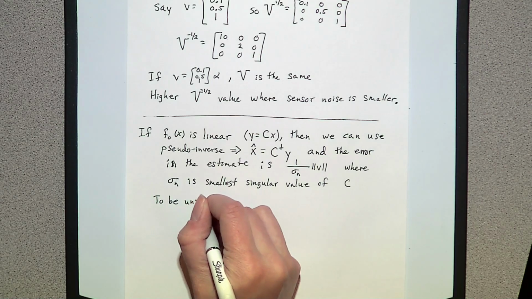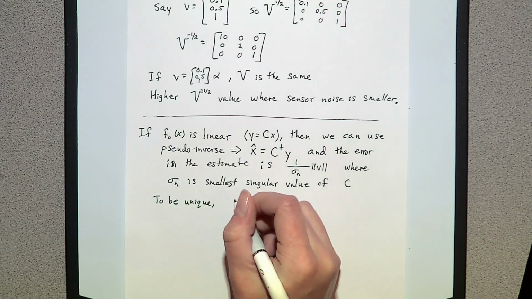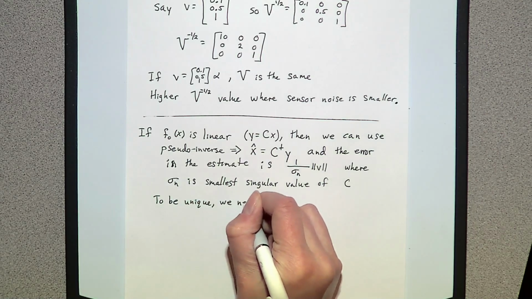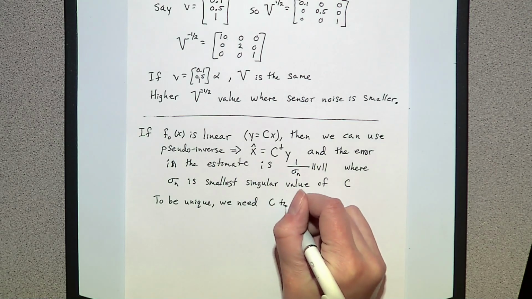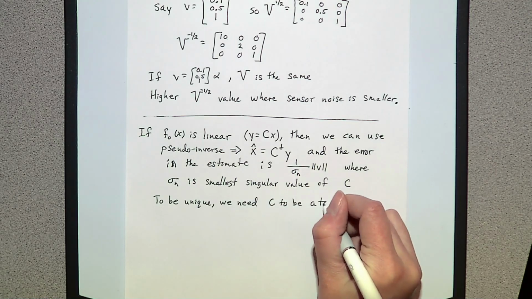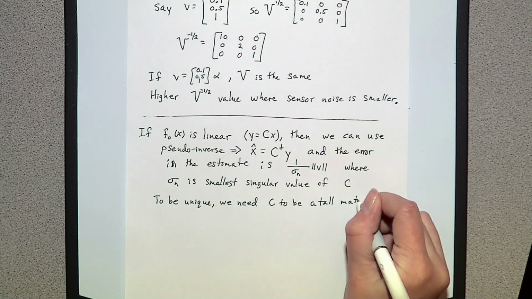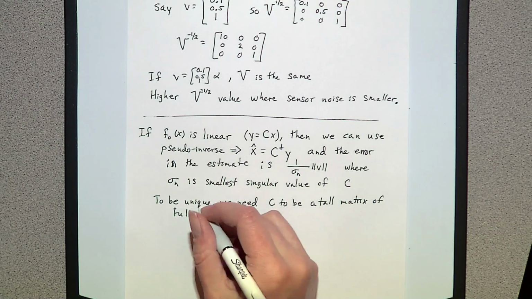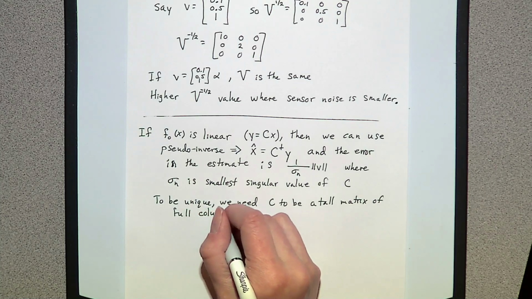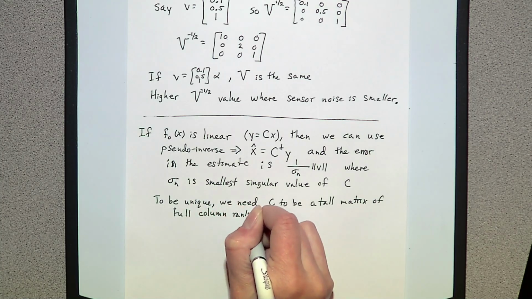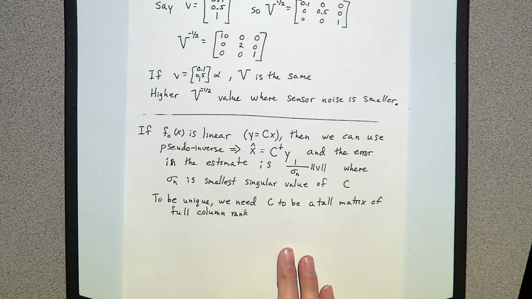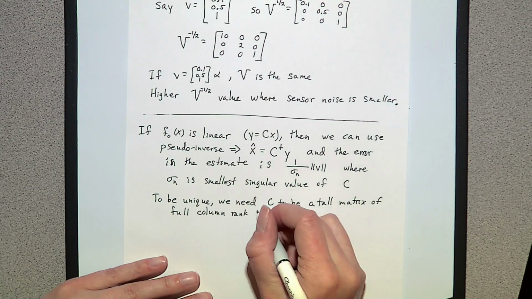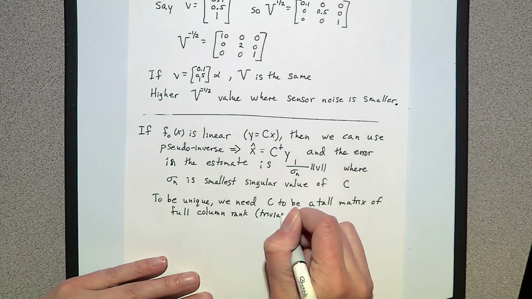So to be unique, we need C to be a tall matrix, with full column rank. So why is that? Let's call this a trivial null space.